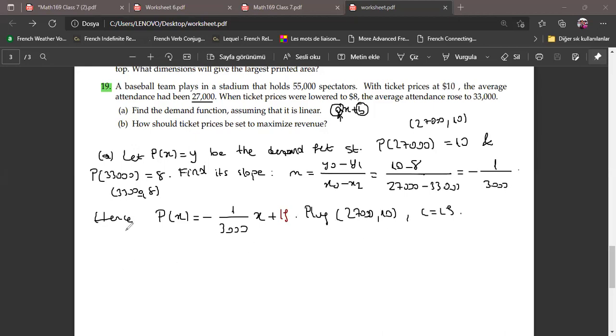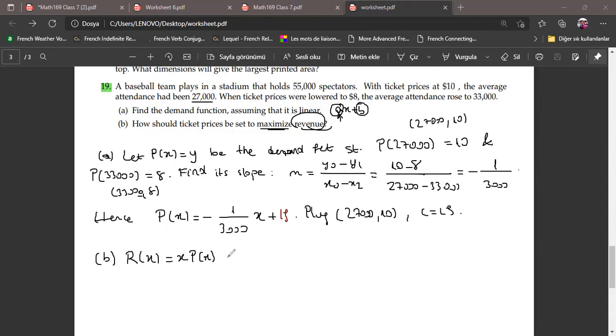Now, what about the second part? Now we need to maximize. We have another function, R of X, which gives the revenue. It is X times P of X, the number of people times the price.